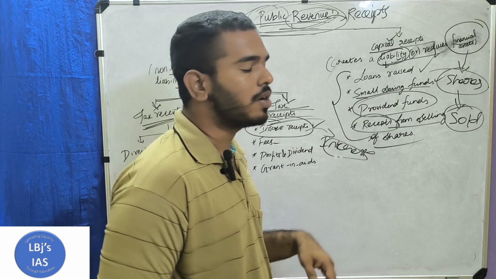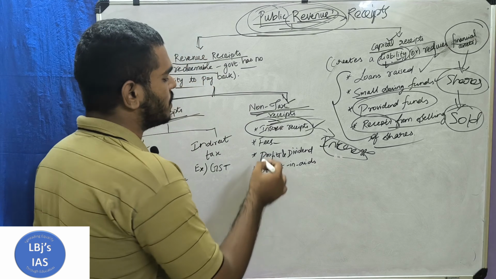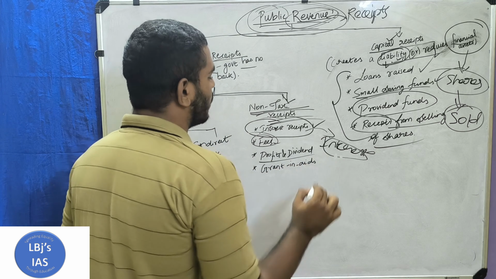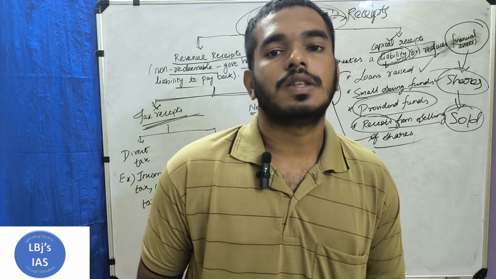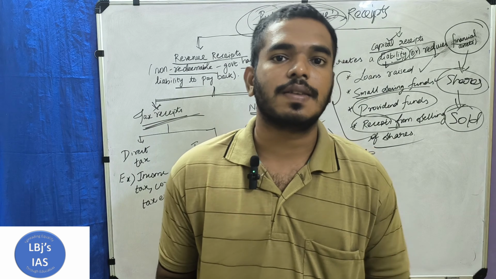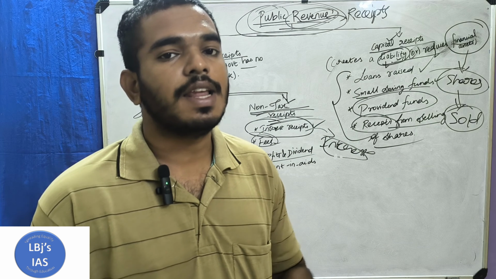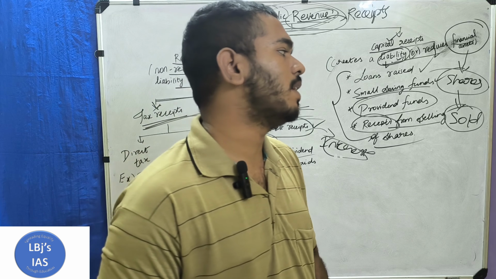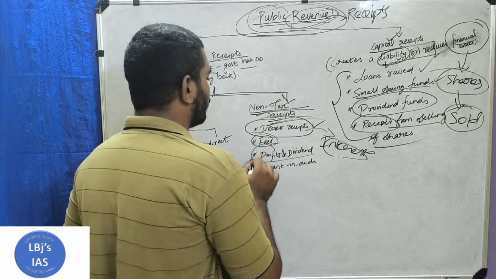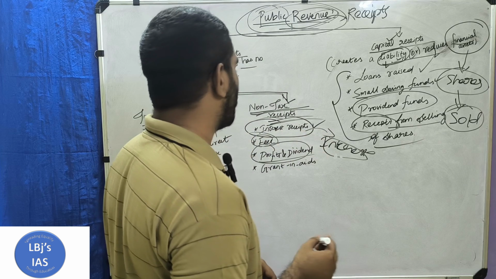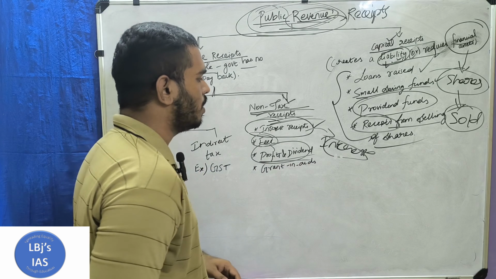It is also part of non-tax revenue because it is not a tax. Then profit and dividend. The government runs various factories, companies, businesses and public sector industries. The government earns a profit from them and also earns a dividend on such companies. So it is a non-tax receipt.